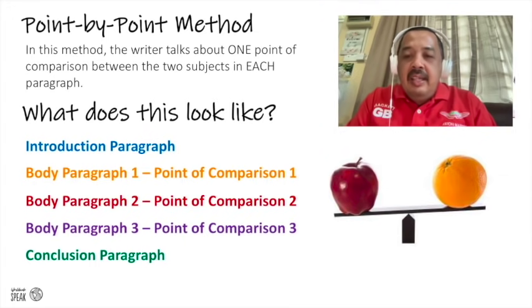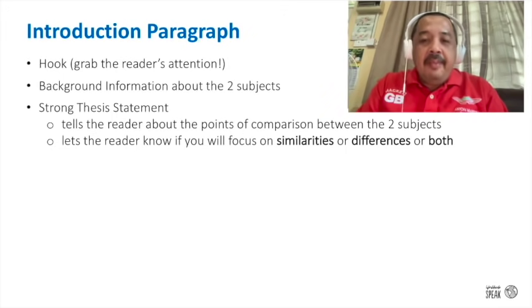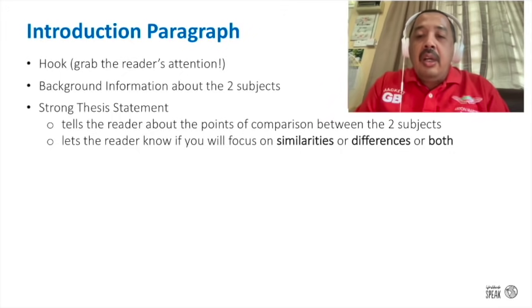The first sentence you are going to need is some sort of hook, and that just means it's an interesting sentence that grabs your reader's attention right away and says, hey, you are going to want to read this essay because it is super interesting. Then you are going to need to give some background information about the two subjects, so your reader understands that there are two things involved in this paper.